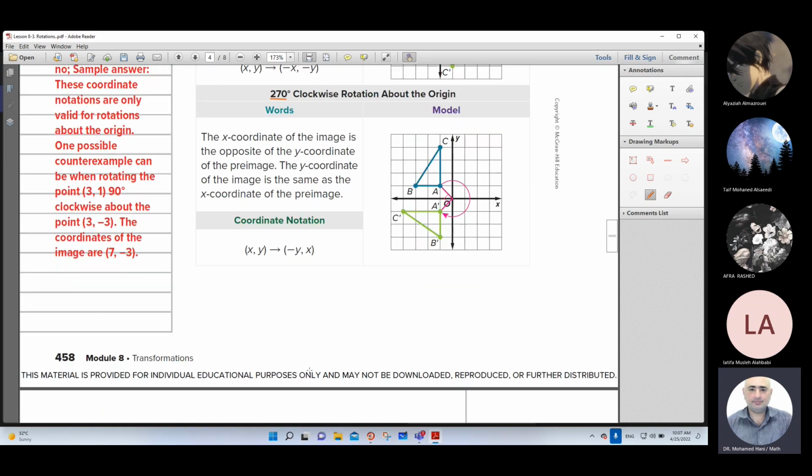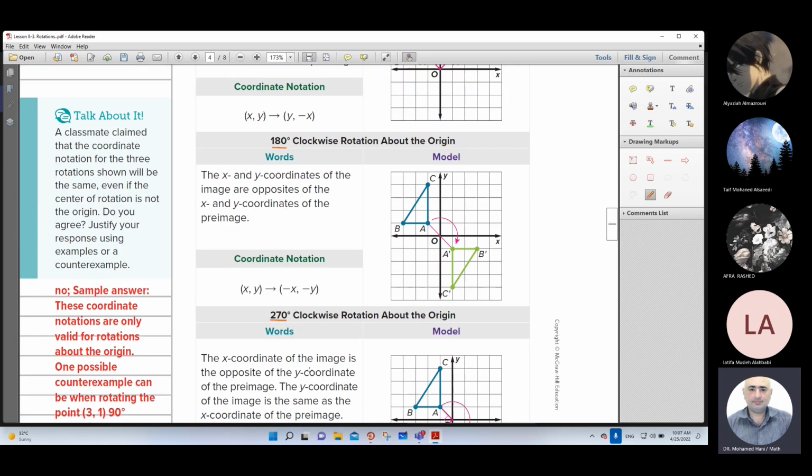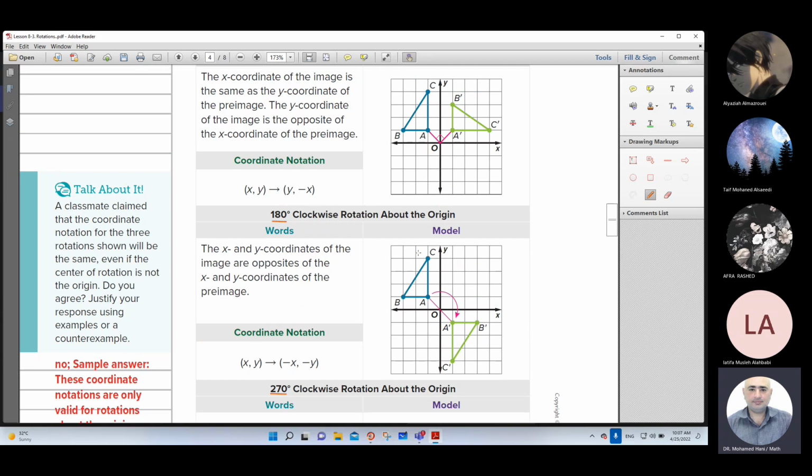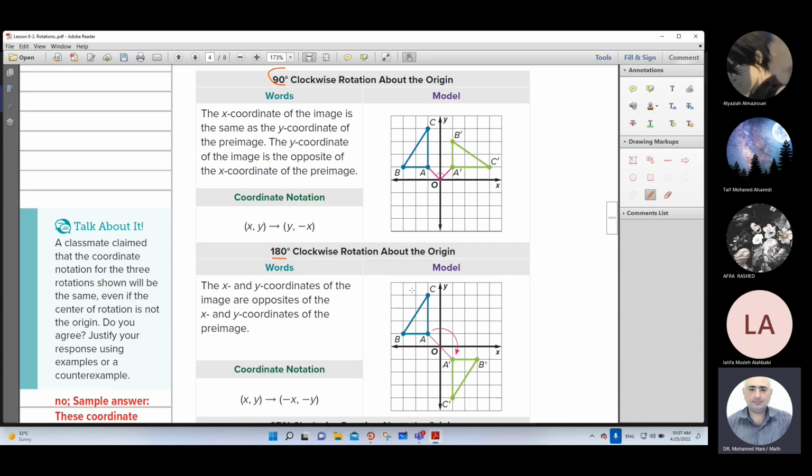Now, as you see, we have three important cases when the center is the origin. The first case, if you have the angle 90 degrees clockwise, the rotation of x, y will be y, negative x. And suppose that you have 1, 2.